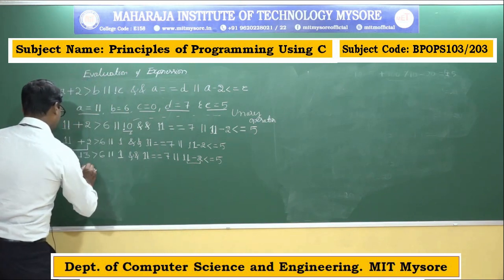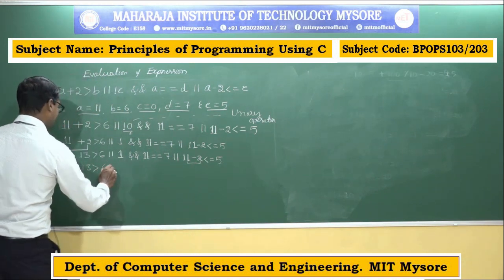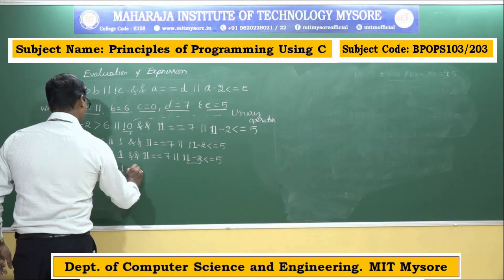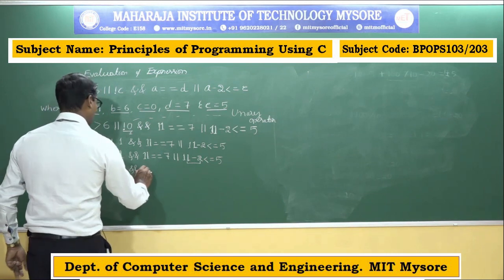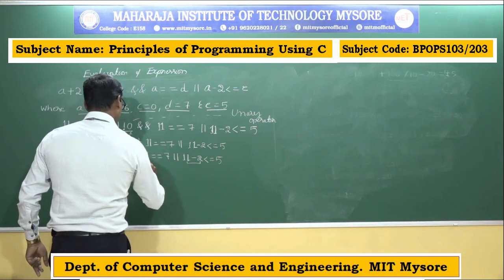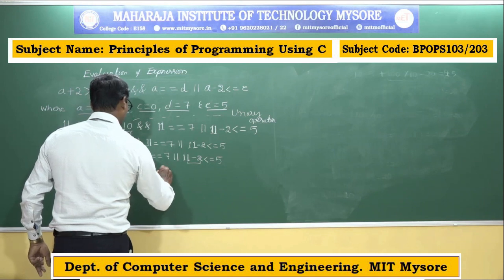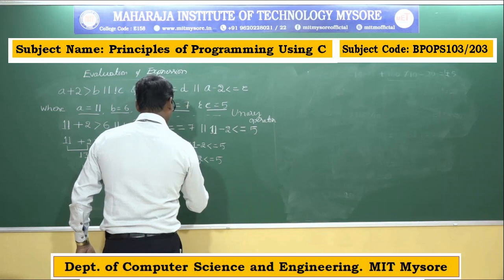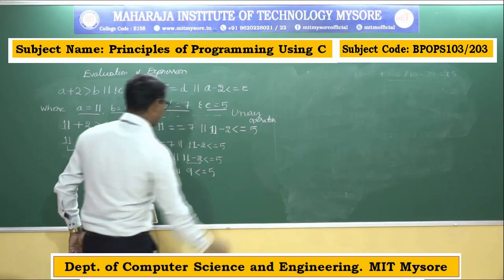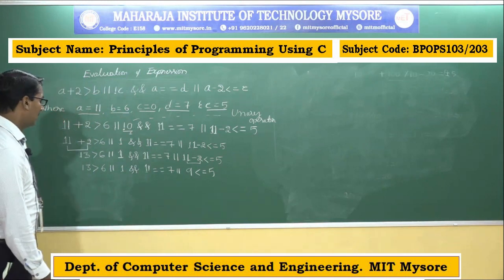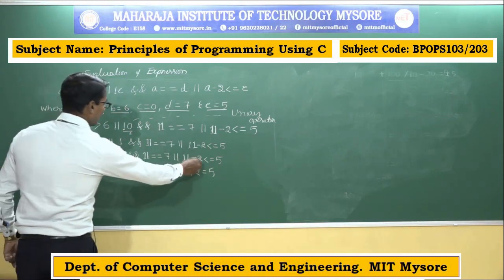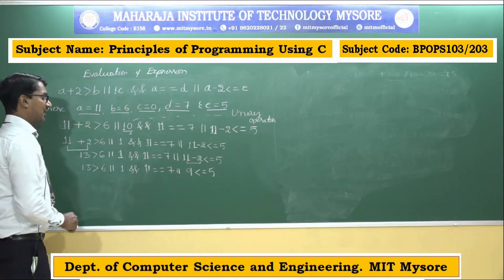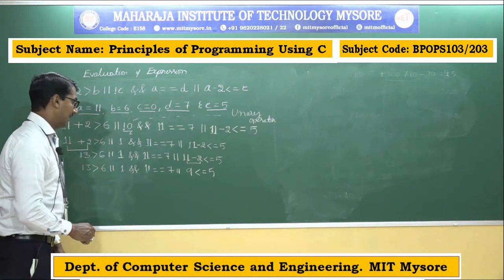So, here 13 greater than 6 or 1 logical and 11 equal 7 or 11 minus 2 is 9 less than or equal 5. So, here the arithmetic expression 11 minus 2 is evaluated.